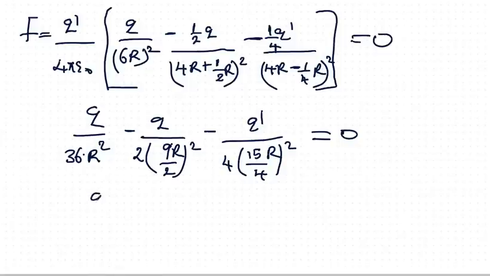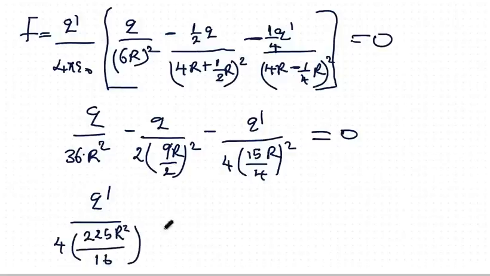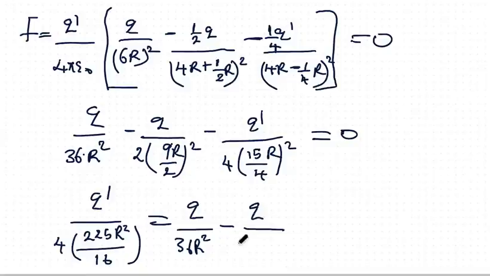We can say that q prime divided by 4 into 15 squared will be 225 r squared divided by 4 squared is 16, is equal to q divided by 36 r squared minus q divided by 2 into 9 squared is 81, and 81 r squared, and 2 squared is 4.